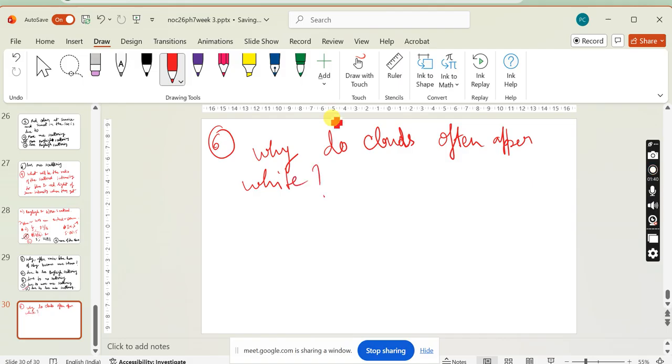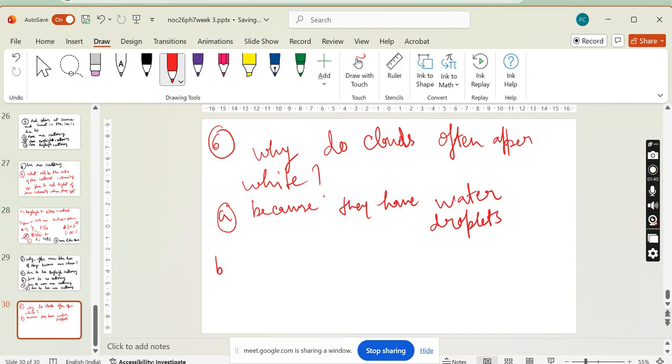The options are: A, because they have water droplets; B, because they have more oxygen than nitrogen molecules.